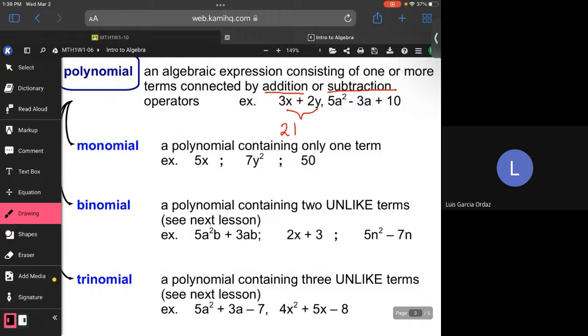Yep. 2 terms. 5a squared minus 3a plus 10. How many terms does that have? Yazin? Nope. 3. You forgot there is plus 10. And a squared and a, they're not the same thing.